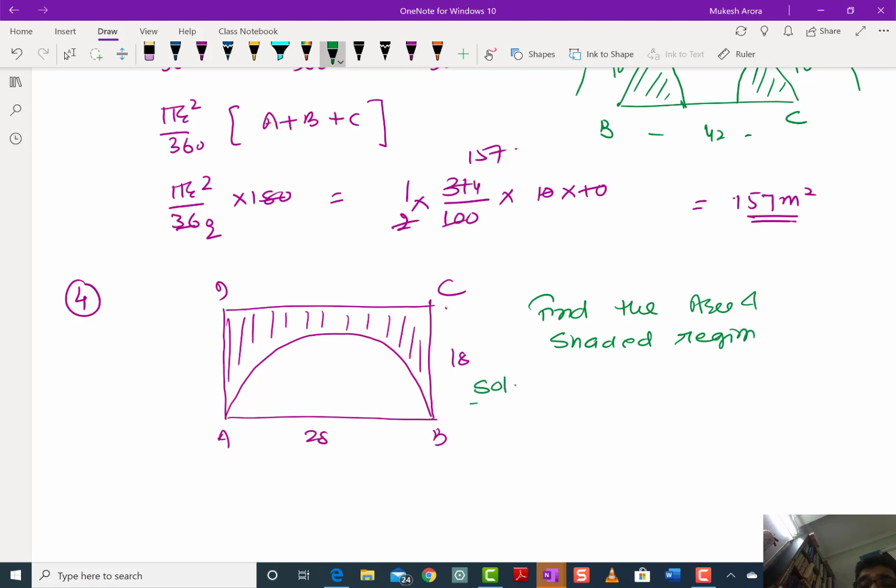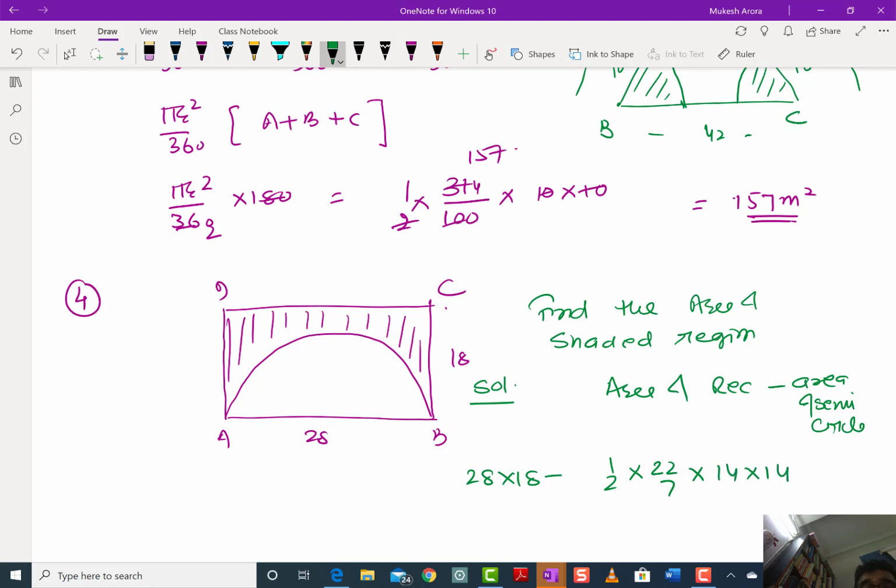Area of shaded region will be area of rectangle minus area of semicircle. Area of rectangle is 28 into 18. Area of circle is pi r square. Radius will be 14, because this is 28.